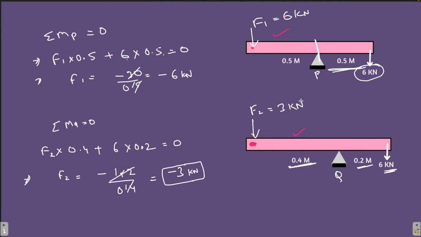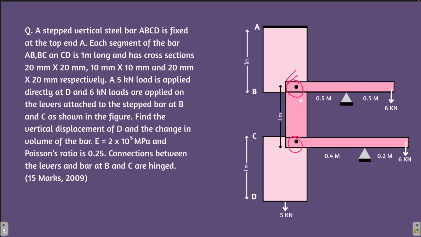Now once we know the values of F1 and F2, we can proceed by drawing the FBDs of AB, BC and CD. AB is this bar, then BC and CD.